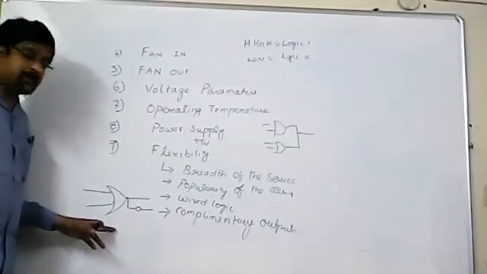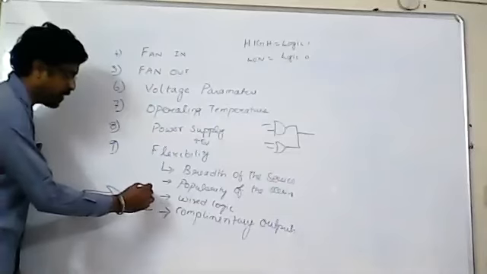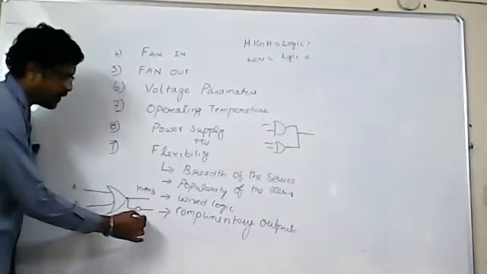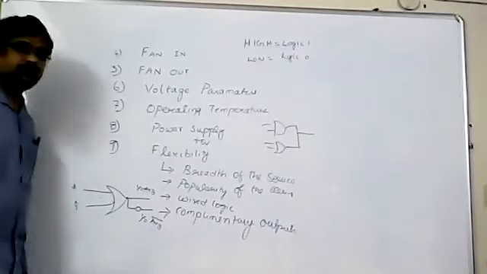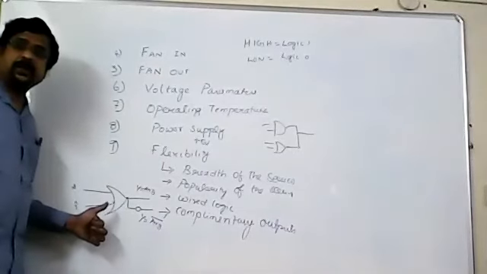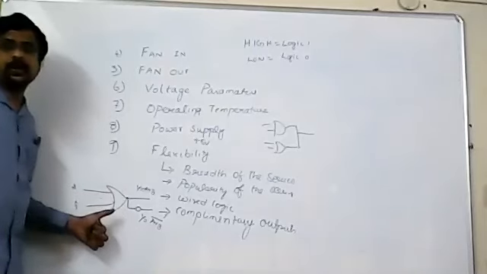So with this, what happens is that this will function as an OR gate. Y is equal to A plus B. These are the inputs. If I take the output here, it is A plus B whole bar, which will function as a NOR gate. That means within a single IC, it should be able to function as an OR gate and NOR gate.